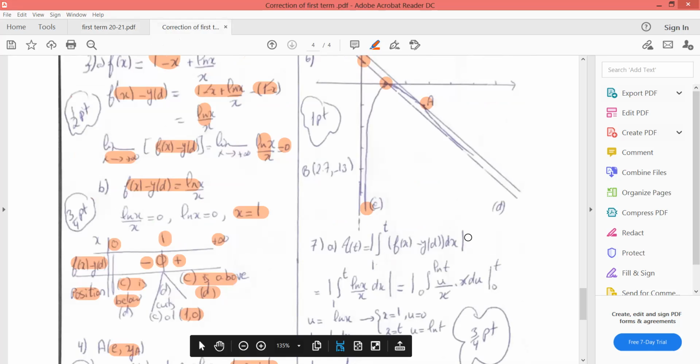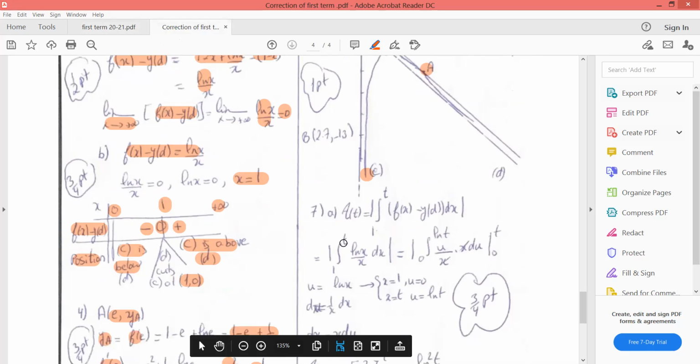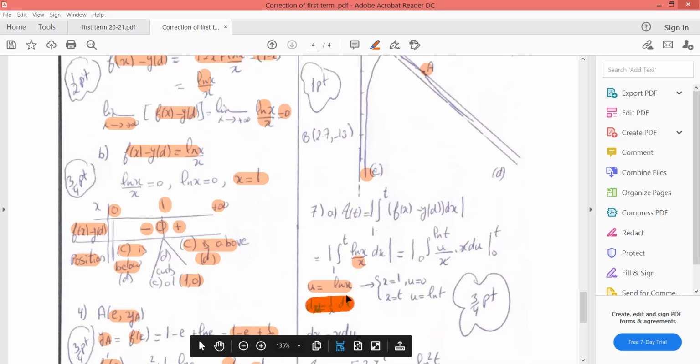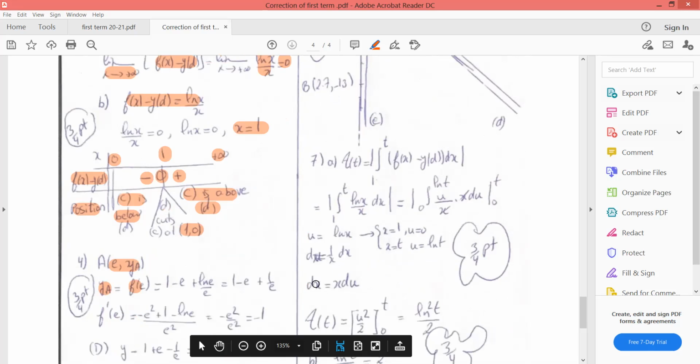So f x minus y D will be equal to the integral from 1 to t of ln x over x dx. Here, as you know, we have an integration that contains ln, and we have x in the denominator. So we solve it by the method of substitution. We take u equals ln x, the derivative du equals 1 over x dx, and dx equals x du.